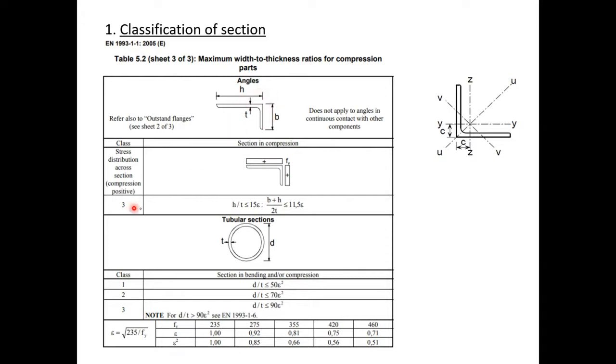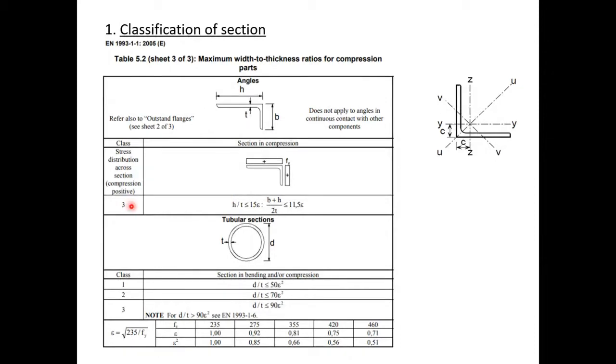So we just have to check to see if it's a class 3. If the height of the section divided by the thickness of the section, h over t, is less than or equal to 15 epsilon, where epsilon is the square root of 235 over fy, and in this case we have 275 for fy, so epsilon is 0.92, then if this holds true it's class 3.